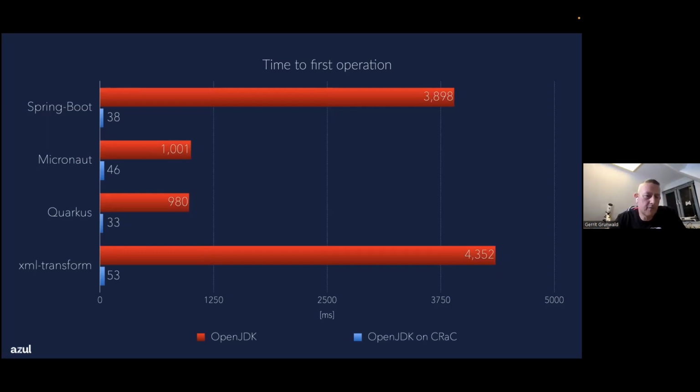Micronaut, we did something similar, and in Quarkus too. For Micronaut, there is already an implementation of CRaC, so they support it, and they support it in a really great way. You don't even have to implement the interface anymore, you just add an annotation. I don't know exactly, but something like CRaC. And then Micronaut, the framework, will take care of closing the resources and reopening them, which is great.